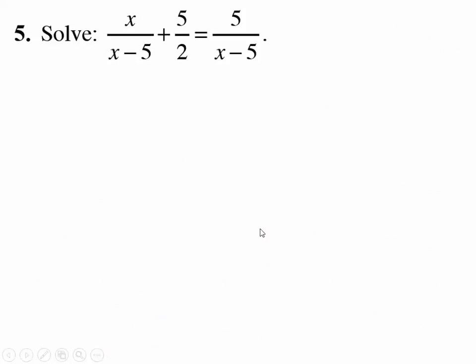All right, and another one here. Second to last problem here.